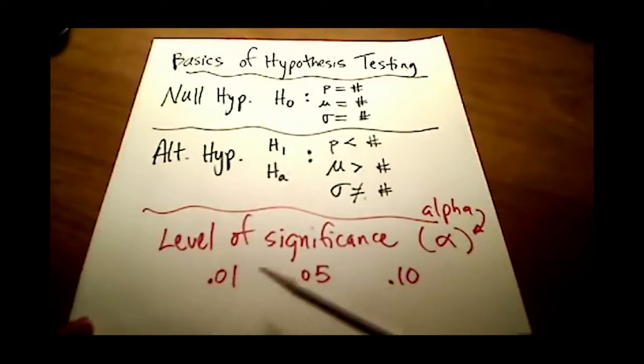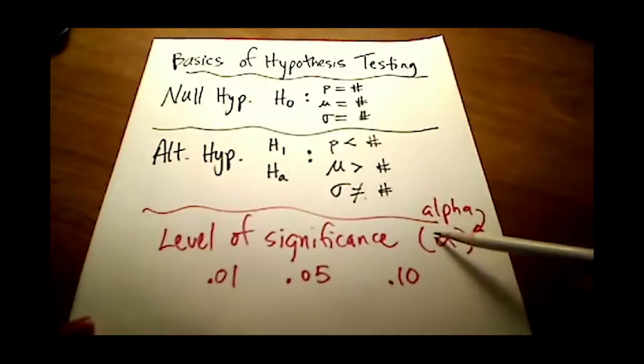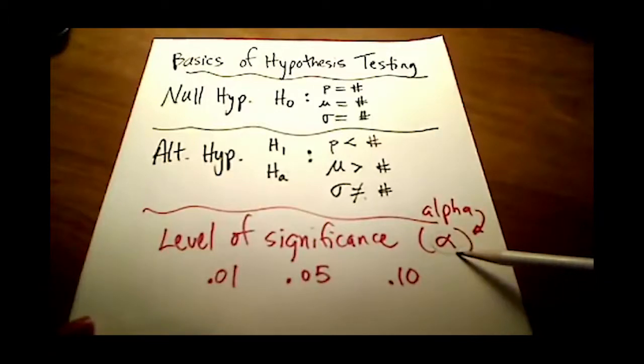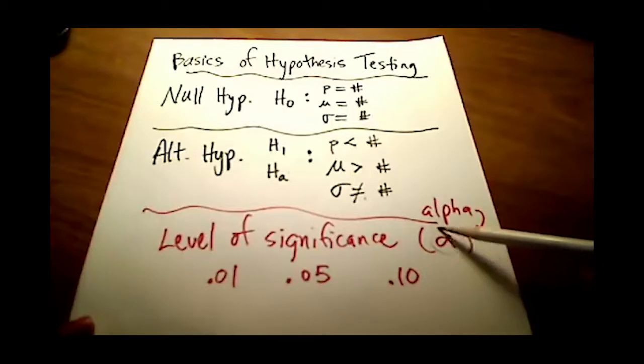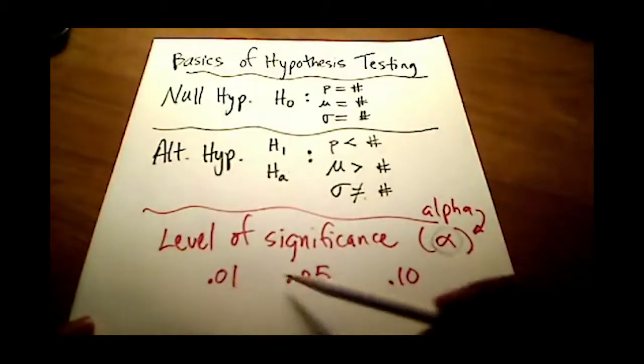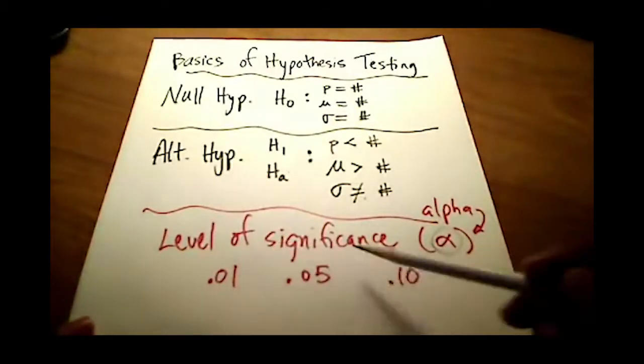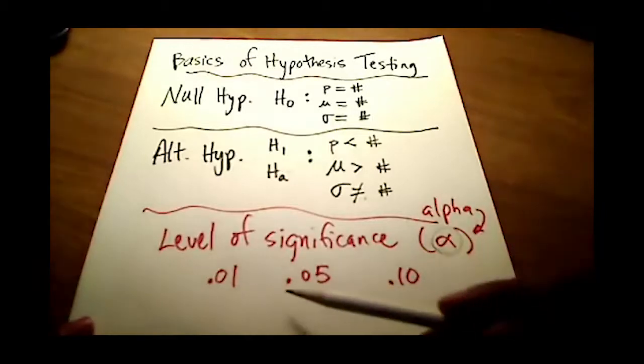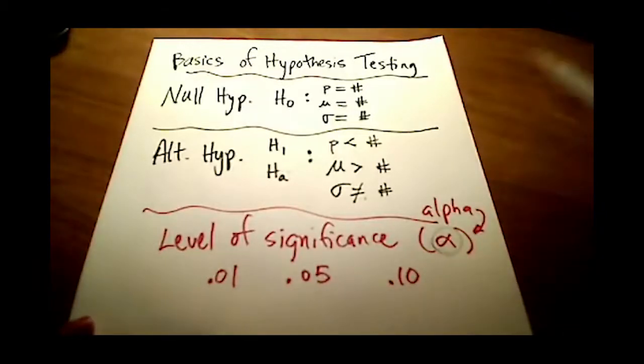Okay, so whether it's 0.01 or 0.05 or 0.10, something like that. Now that level of significance is called alpha. It's called alpha, which is the Greek lowercase letter alpha, the first letter of the Greek alphabet. We're not restricted to 0.01, 0.05, or 0.10. It could be any other level of significance, but these are the three more popular ones.